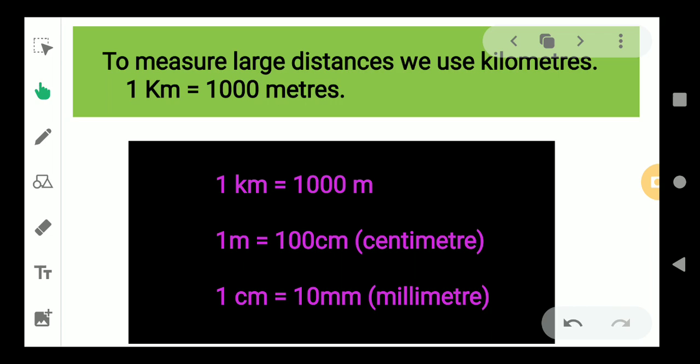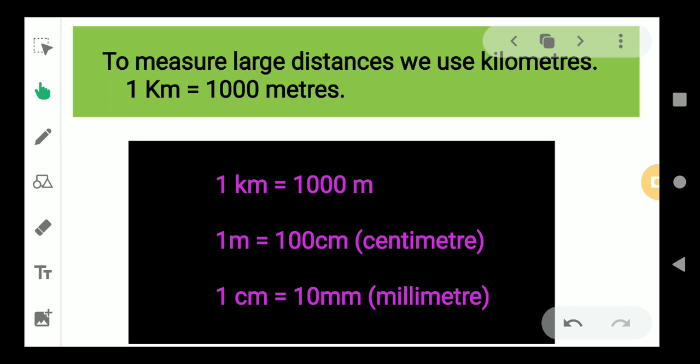Some of the smaller units of measuring distance are centimeter, millimeter, etc. 1 meter is equal to 100 centimeter. 1 centimeter is equal to 10 millimeter. So, comparatively, the smallest unit is millimeter.